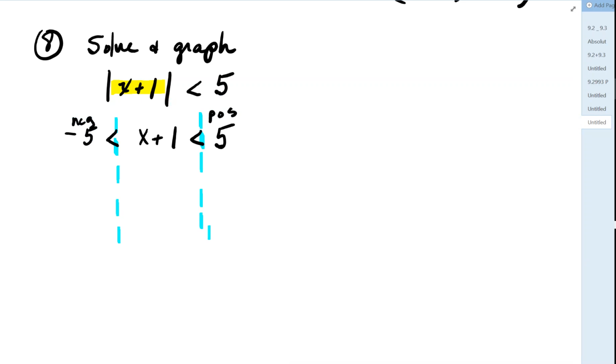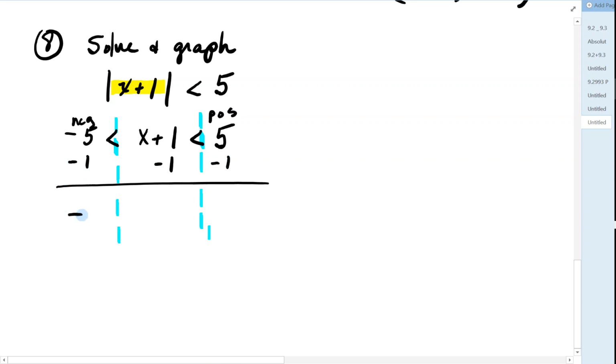To get x by itself in the middle, you'll need to subtract 1. But if you do it in the middle, you do it out here, and you do it out here. That gives me -6. Keep your less than symbol. X, less than symbol, 4. There's your solution. Number line graph. Here's -6.